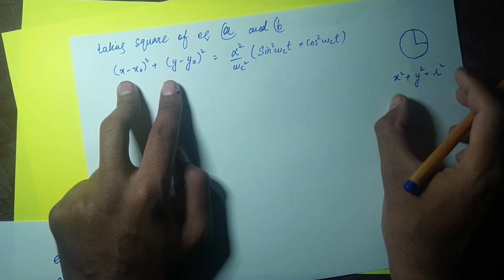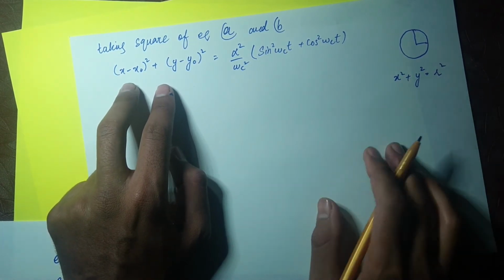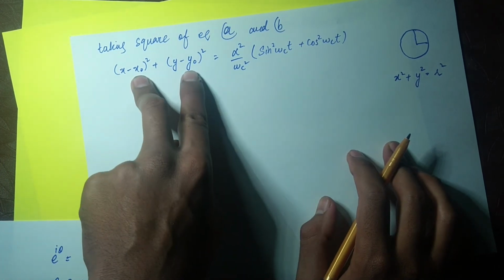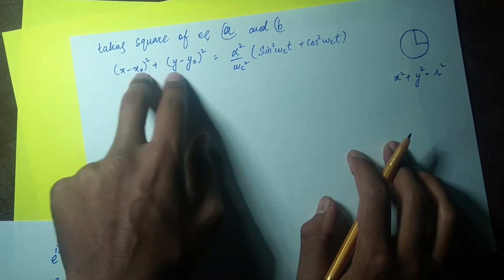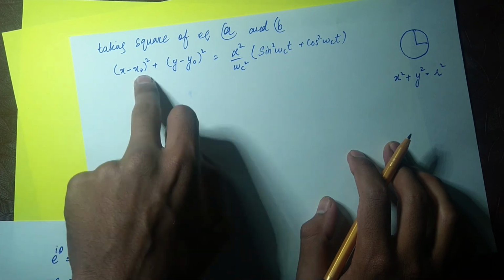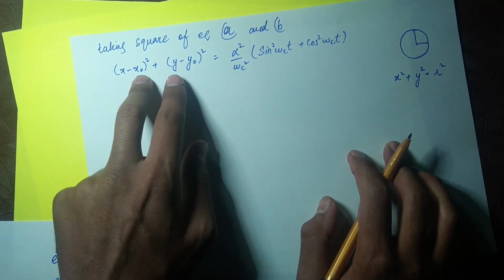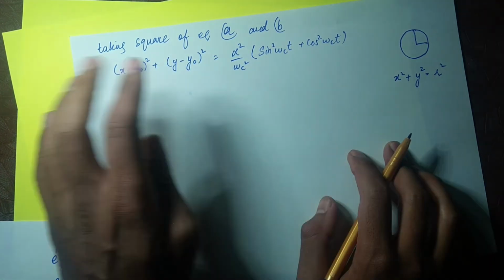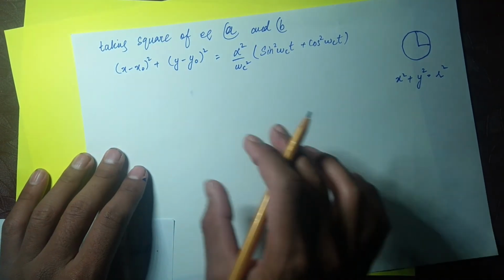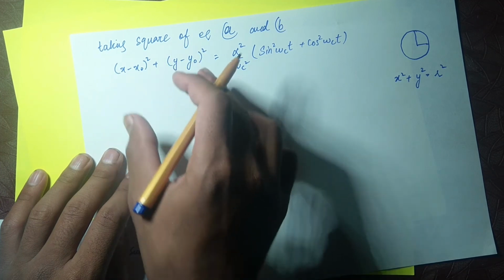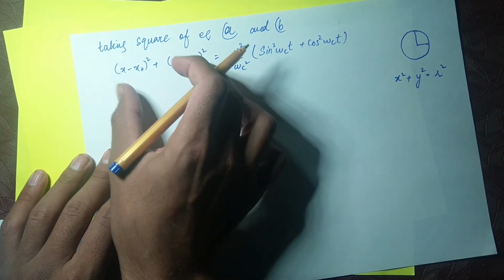This is the equation for a circle, and this is also an equation for a circle, but we are subtracting some arbitrary constant terms from x and y. Overall it is a circle equation.